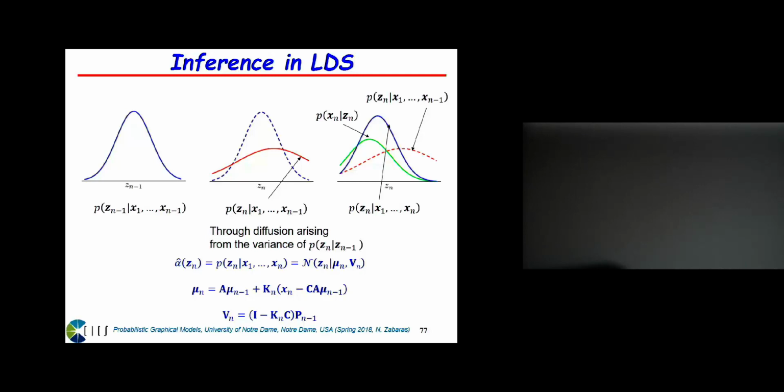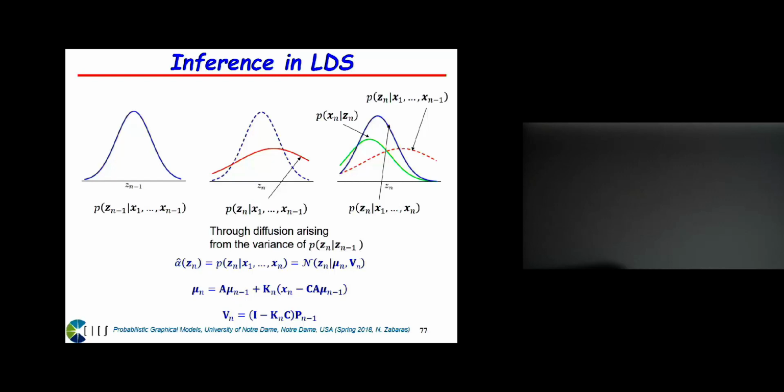This is like a diffusion model, and its variance dictates a distribution that is much wider in support than the filtering state at n minus 1. Then to get the filtering state at time n, you multiply with the observation model, which looks like this, and eventually this very broad push-forward, or one-step predictive distribution, is modified to give you this blue distribution that is the filtering state at time n.